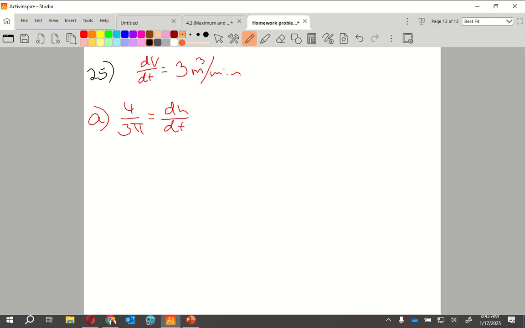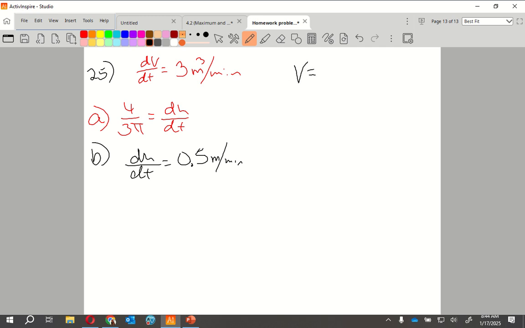Okay, so that was the first one, but now we're going to use this right here to actually work it out again. So they said that for part B, my dH/dt is 0.5. Is that correct? Yeah. Per minute? Yeah. Okay. So plug it back in. So I have my volume problem.